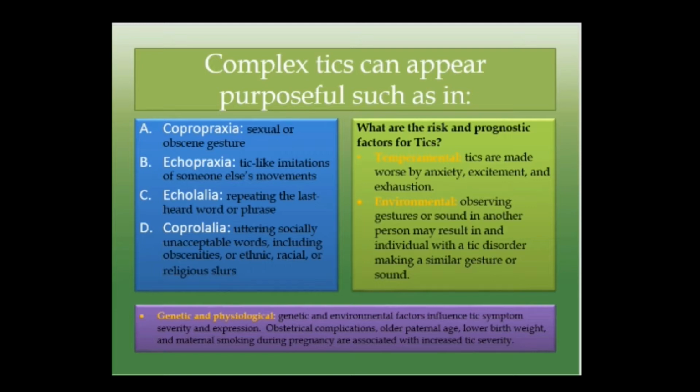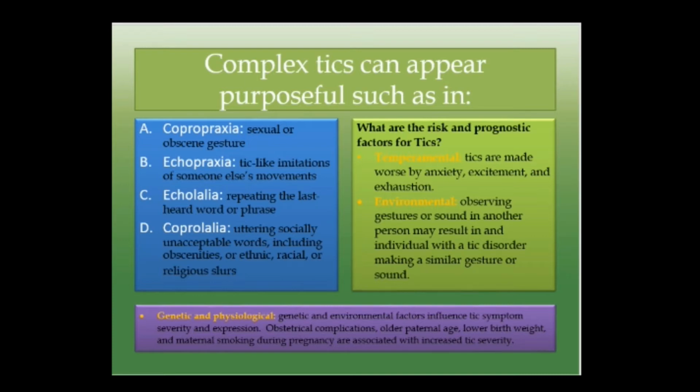There are two major risk factors and prognostic factors that have been associated with tics. Number one is temperament. Tics are made worse, especially with excitement, anxiety, and exhaustion. So once a child has been busy, with heavy tasks, heavy work, that is when you find the tic activities on the increase.